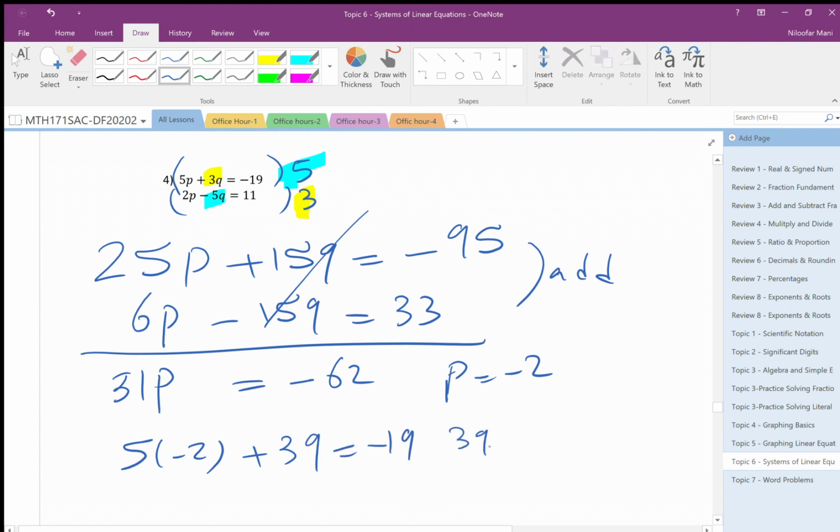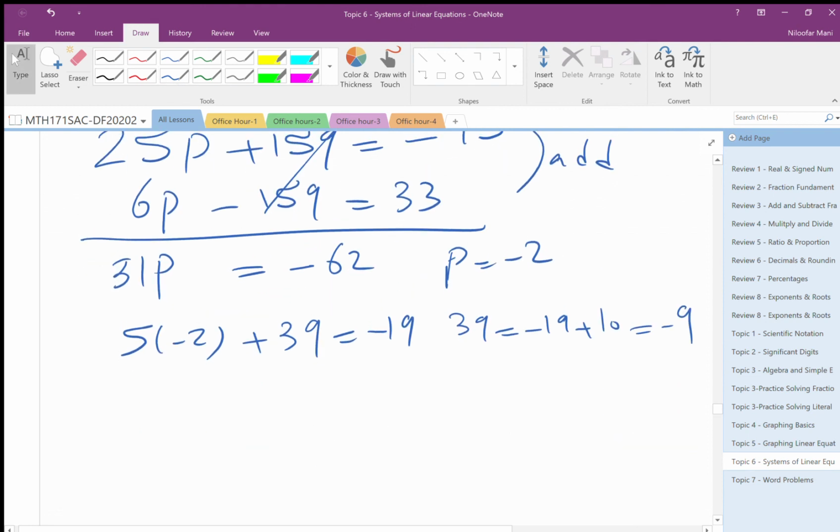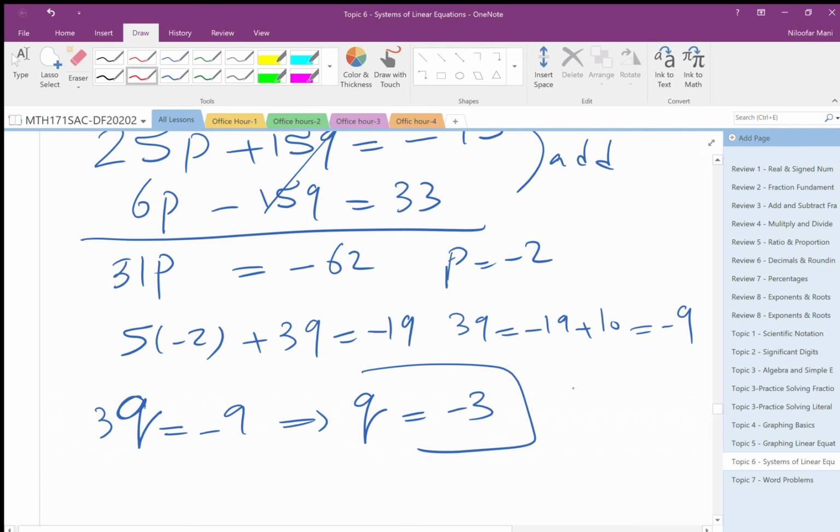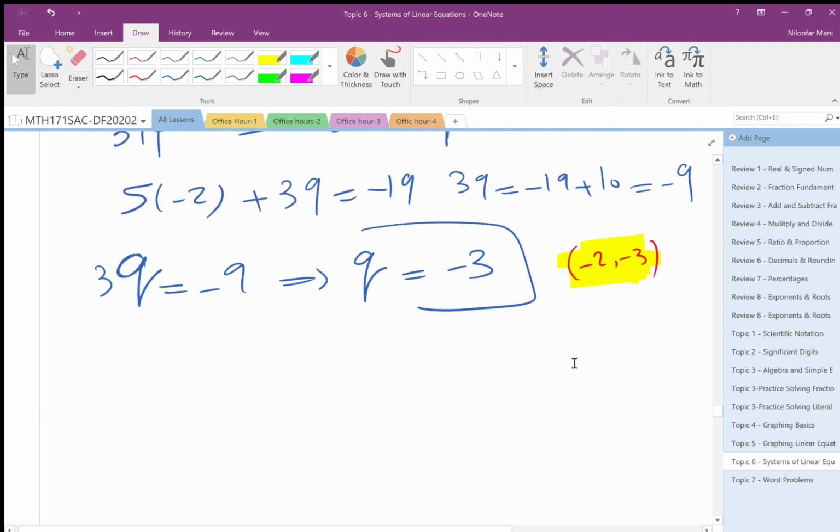So 3q is -19 plus 10, which is -9, and q is -3. So the answer is -2 and -3. I can highlight it and say checking is your work, just to see if the left side equals the right side.